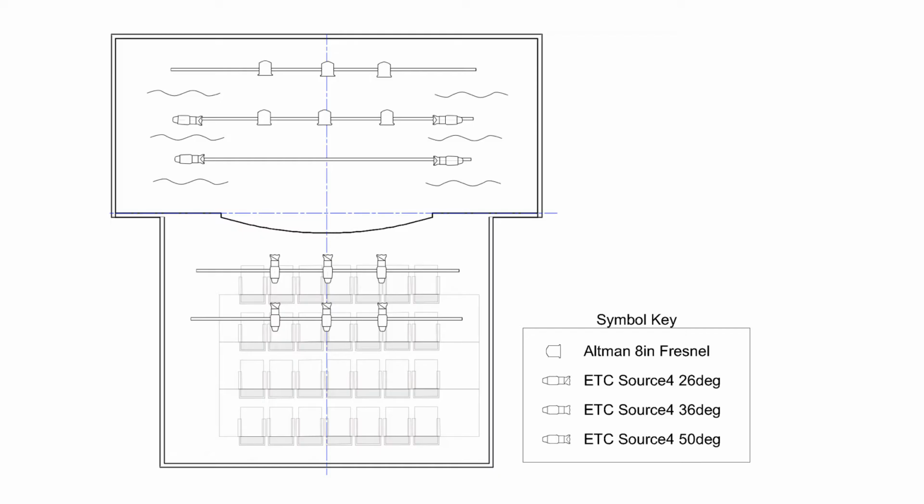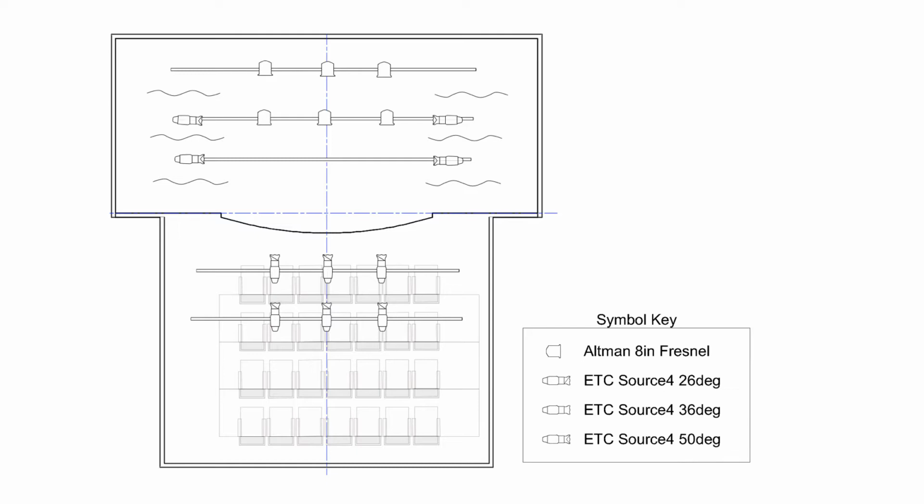So each type of light has a specific symbol that's assigned to it. This key will tell you how to decode that. So if I ask you about a certain light on a certain position, you'll be able to tell me what kind of light it is based on the symbol key, okay? So that's how you're using it, kind of like a little decoder ring. So if we look at our light plot now, I've added in a bunch of lighting fixtures, okay?